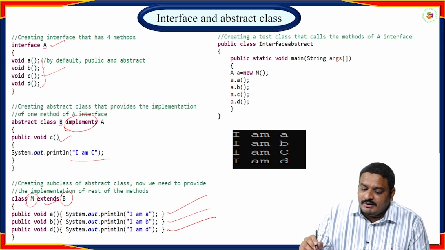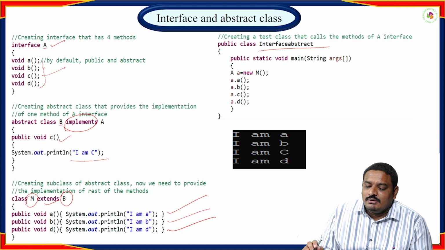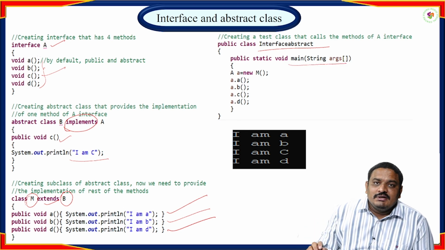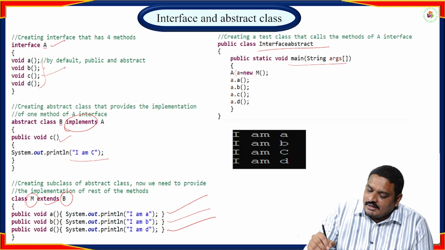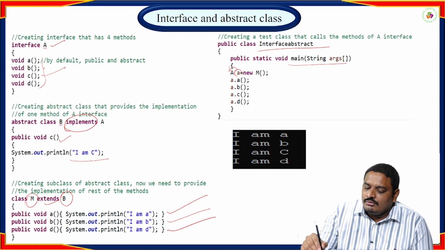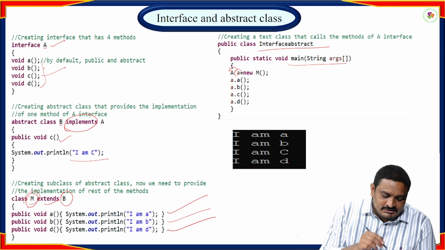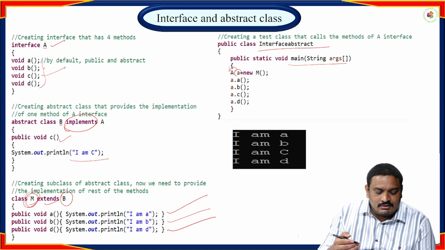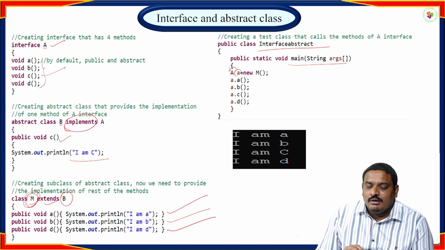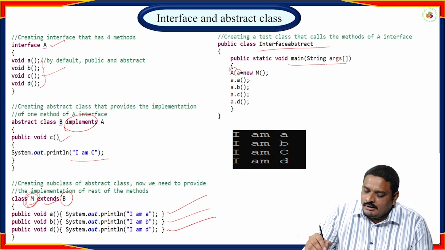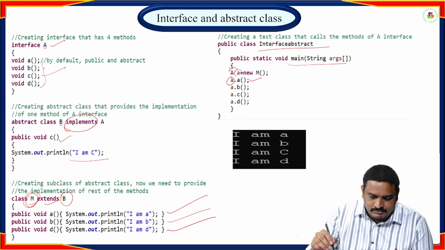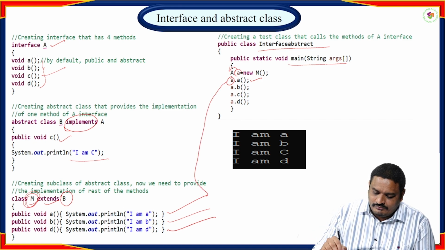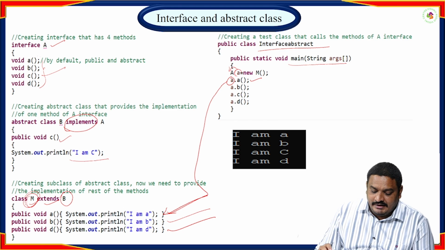Now coming to the main class. Main class is this one. Here the main method is there. We are creating the object for this particular class equal to new M. What is M? M is a child class, another class. Whenever we call the a method by using this object, it goes directly to this one, a.